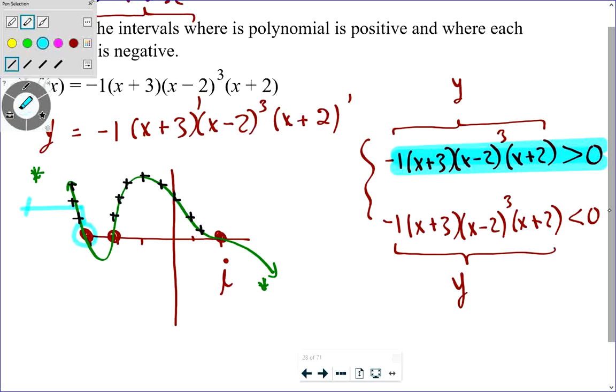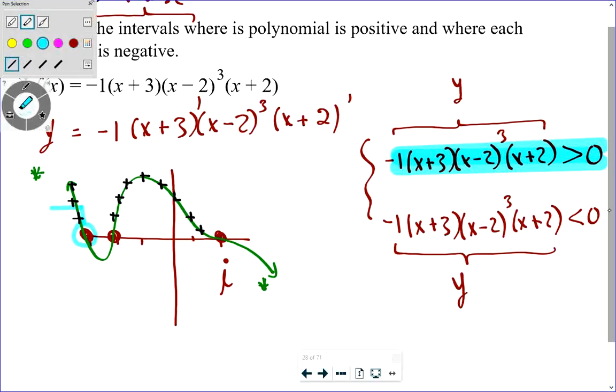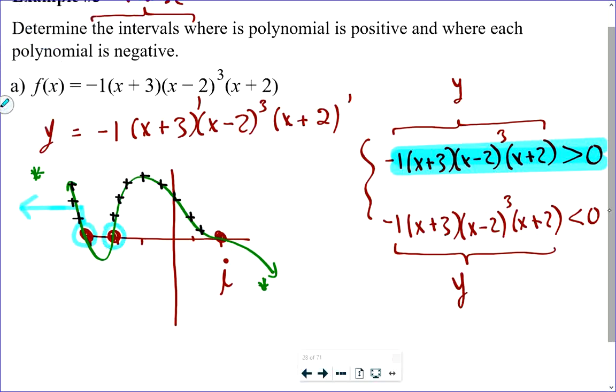This is a region where the polynomial function is positive. This is a region where the polynomial function is positive.